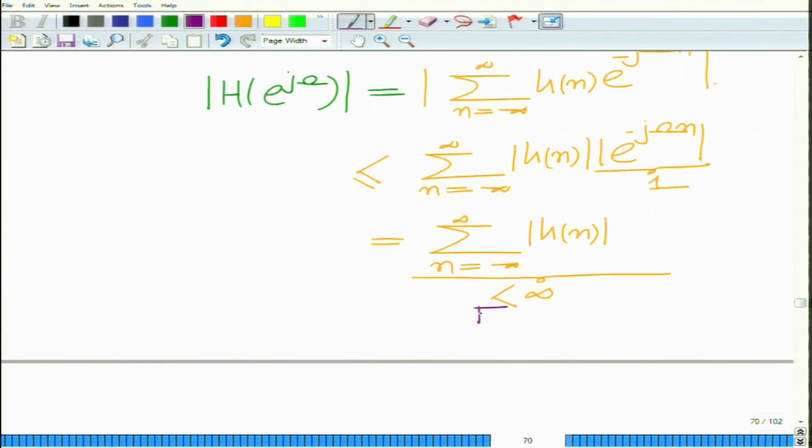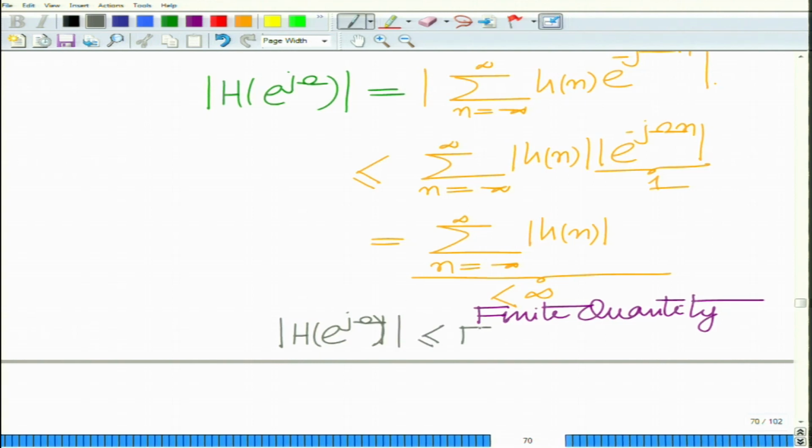This quantity is a finite quantity, and therefore this implies the magnitude of H(e^{jω}) is less than or equal to a finite quantity, which implies the magnitude of H is a finite quantity, because this is greater than or equal to 0, a positive quantity, because this is a magnitude.